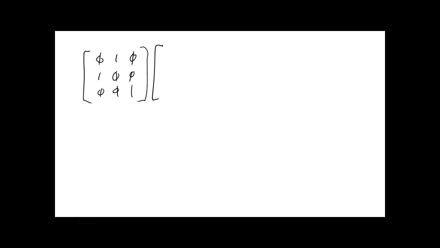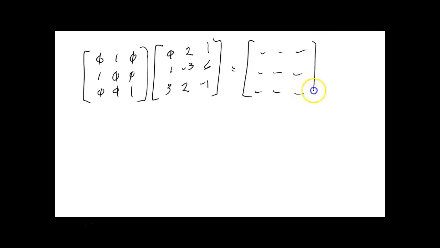It doesn't absolutely have to be, but this one is a 3 by 3. 0, 2, 1, 1, negative 3, 6, and 3, 2, negative 1. Might look like this is going to be hard. It's not. What are you going to get? 3 by 3.